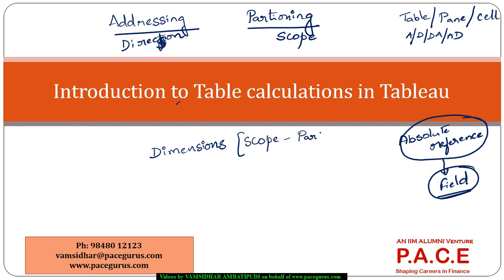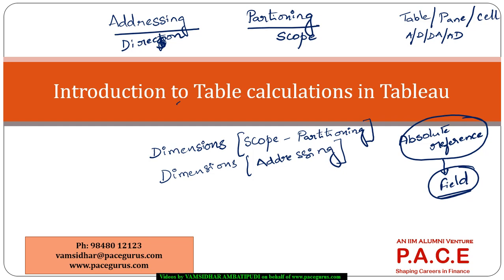So on which grounds my whole table gets partitioned, and on which dimension within each scope the addressing, which is the direction, actually happens. So this is giving you more and more finer control, because nothing is relative here.